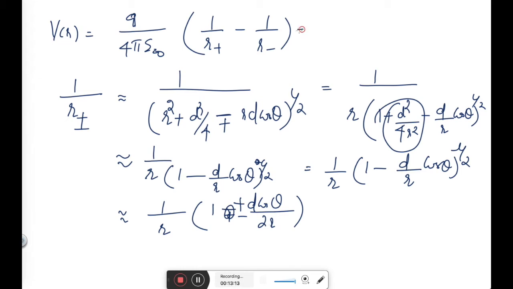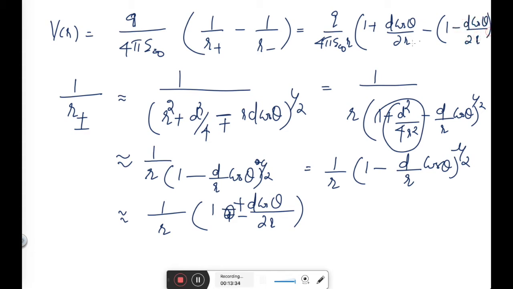Okay. So substituting it here, it comes like q by 4 pi epsilon 0. Then 1 by r is common, so take it as common into 1 plus d cos theta by 2r minus 1 minus d cos theta by 2r.